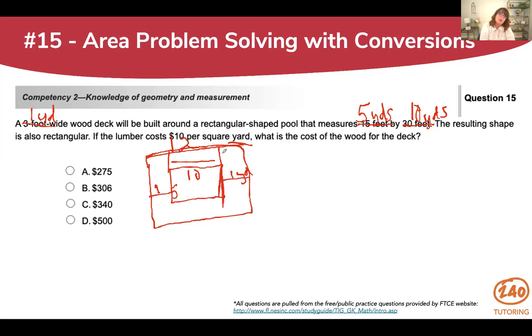I also know the deck is 1 here and 1 here. 5 plus 1 is 6, plus 1 more is 7. So I'm going to redraw this just a little bit easier to see. So I have my pool that's 10 by 5, and I now have my deck. It's a poor drawing that we know is 12 by 7.